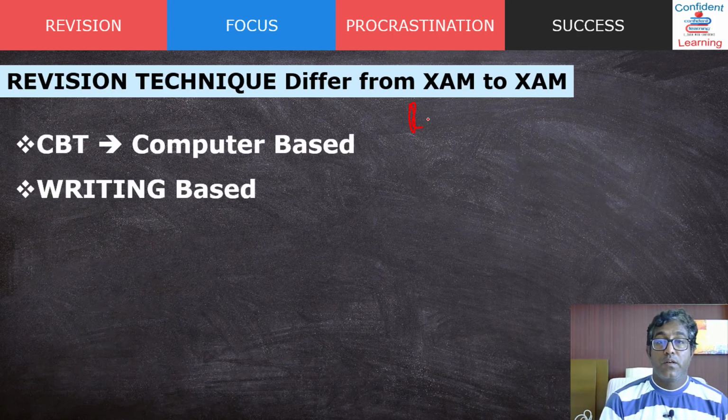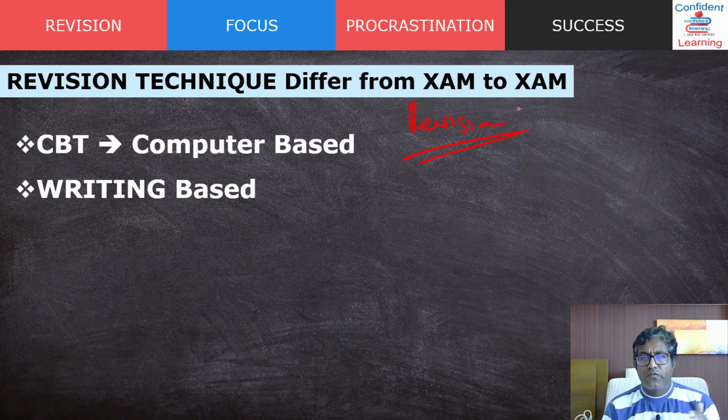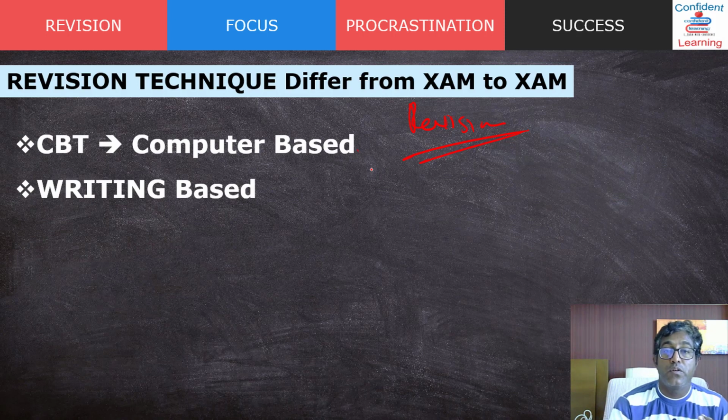Now, revision, what did I tell you about revision here. Now we have to deviate a little bit to understand writing based revision and computer based revision. In computer based revision, you have MCQs, means you have options. Options mean you need not practice answer writing.